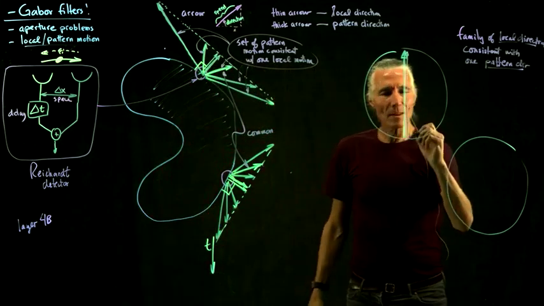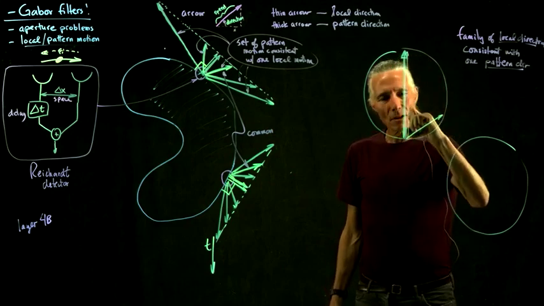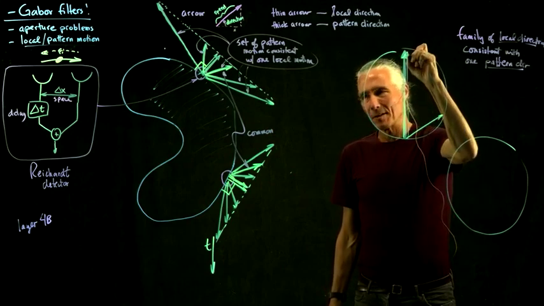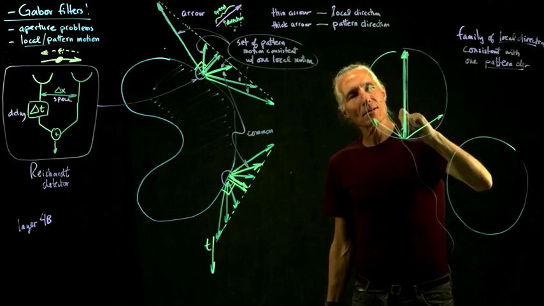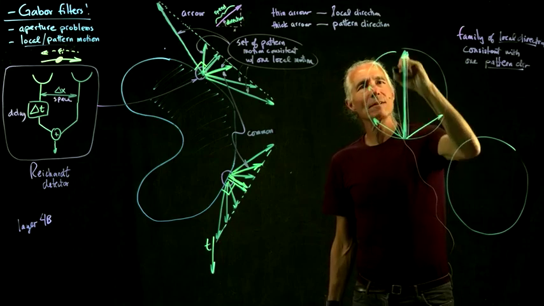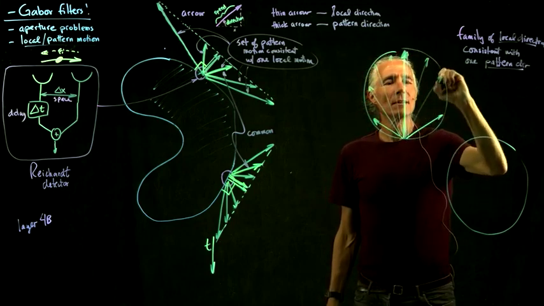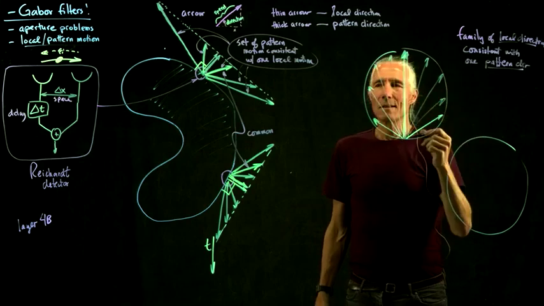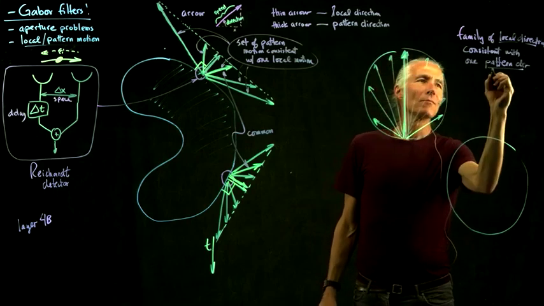But this local motion could also indicate that pattern motion, and this one could indicate it. So if we draw arrows out to the circle, there's a whole bunch of different local motions that are consistent with this one pattern direction.